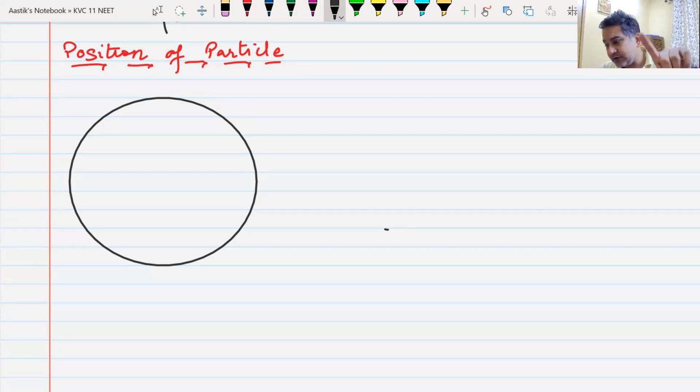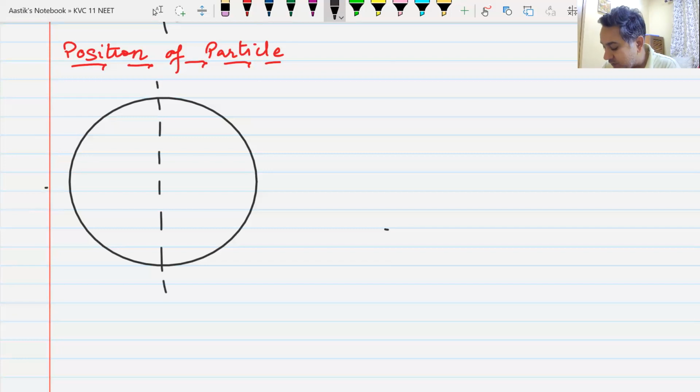You can signal with your fingers. 1D or 2D or 3D. 1D. Everyone saying 1D. This is motion in one dimension. Yes or no? Or is it 2D? Or is it 3D? No one knows? Okay, that's good that no one knows it.